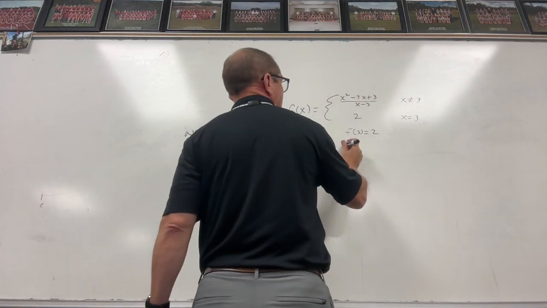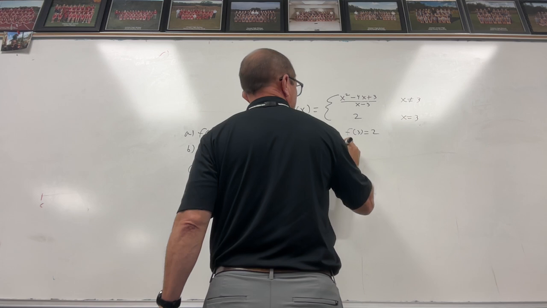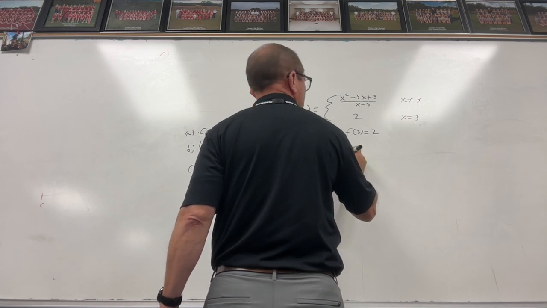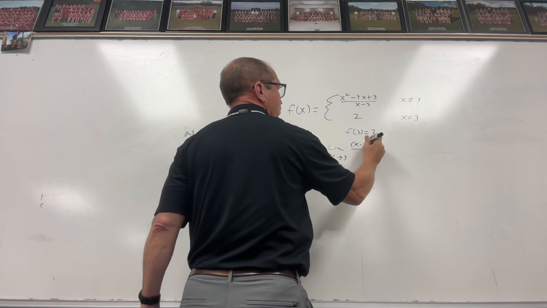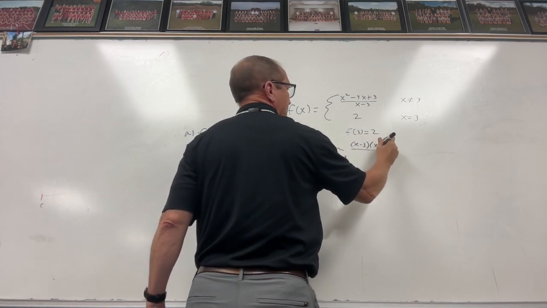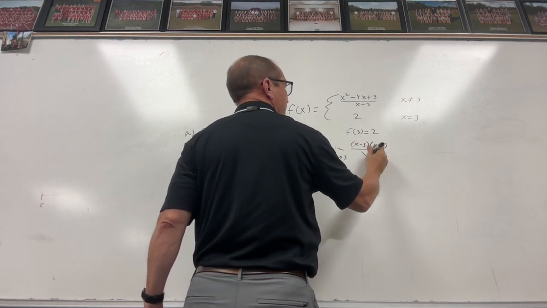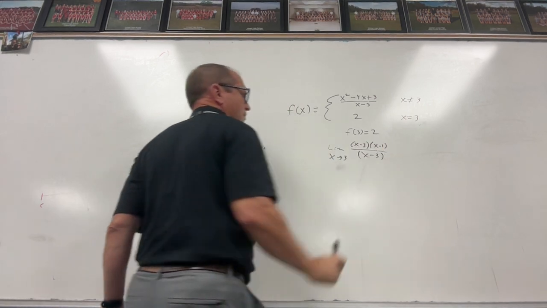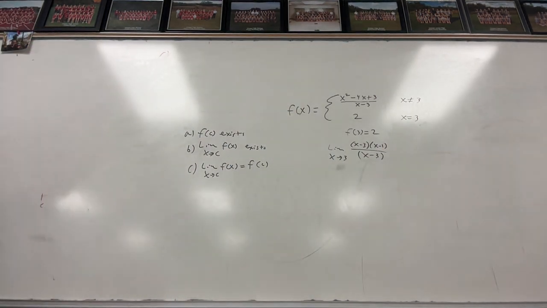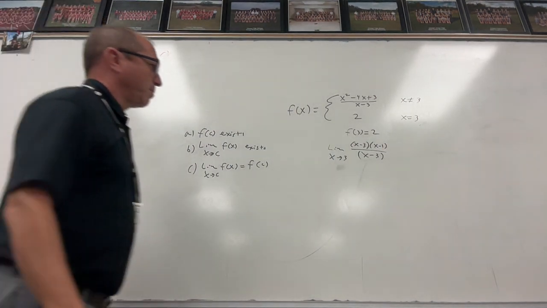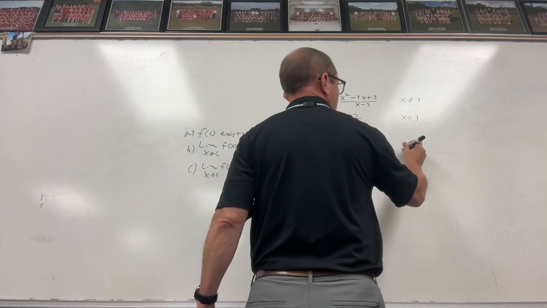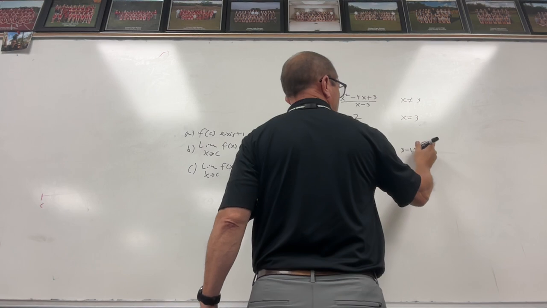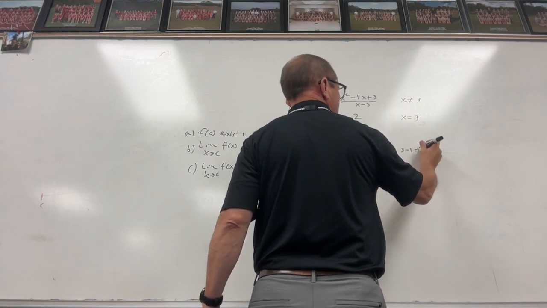So I'm going to take the limit as x approaches 3 of, and I'm going to go ahead and factor this out. It's x minus 3 times x minus 1 over x minus 3. Are we okay here? Okay, the x minus 3 cancels out. So we're left with 3 minus 1, which is 2.